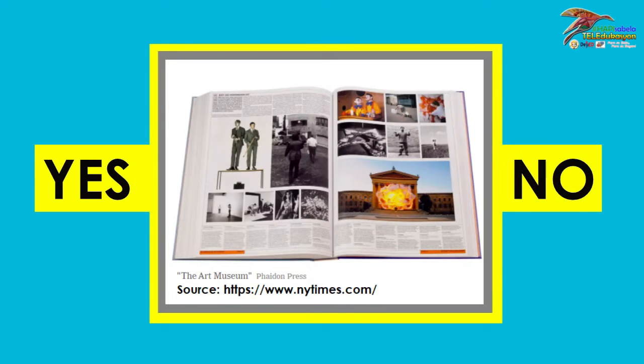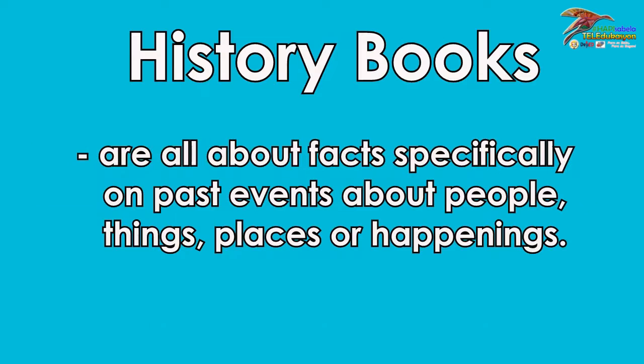The next one is a history book. What do you think? Does it give a factual information or not? Of course it does. History books are all about facts, specifically on past events about people, things, places, or happenings.